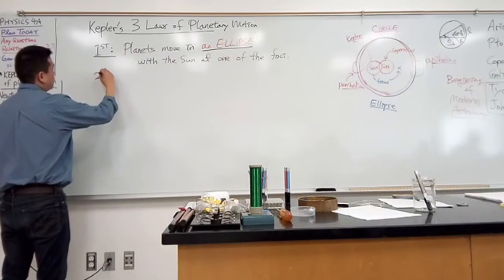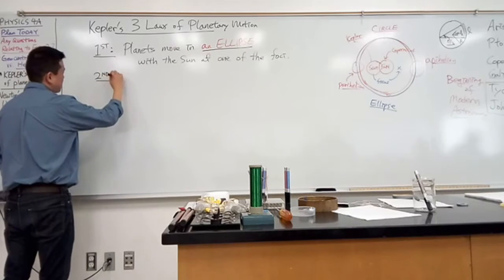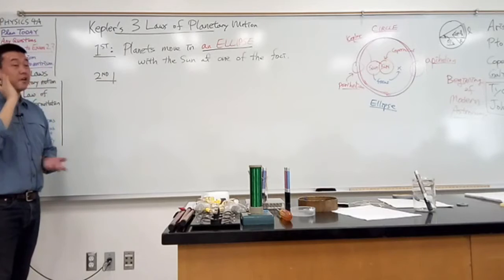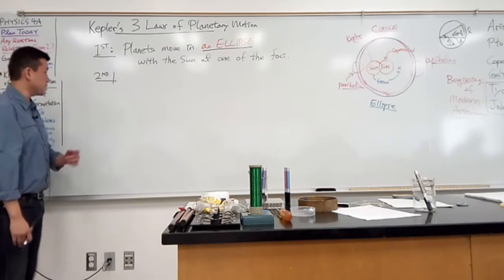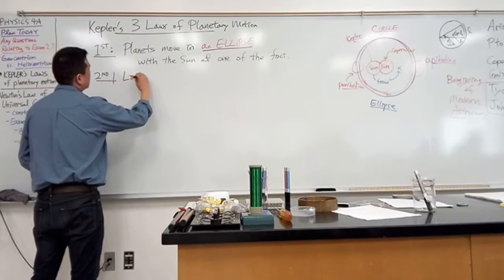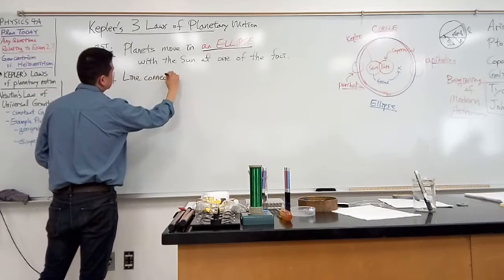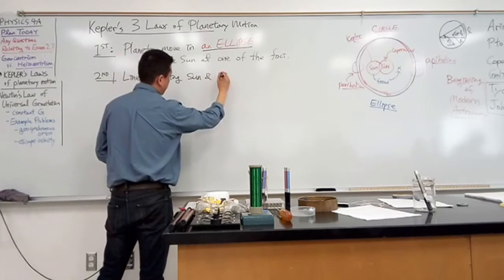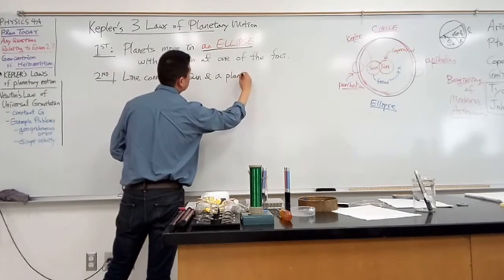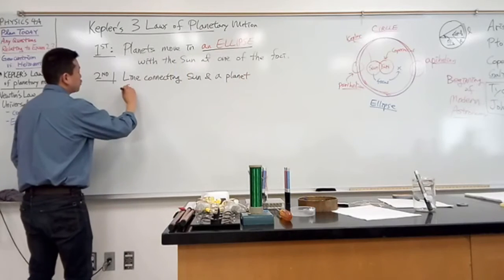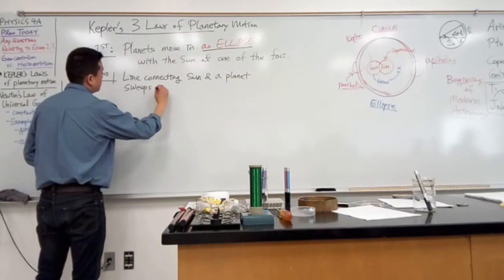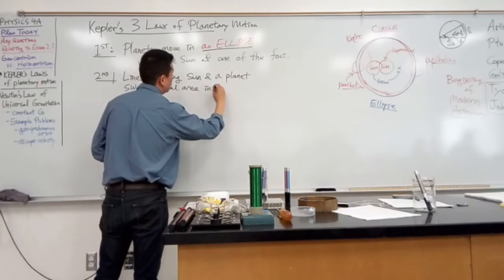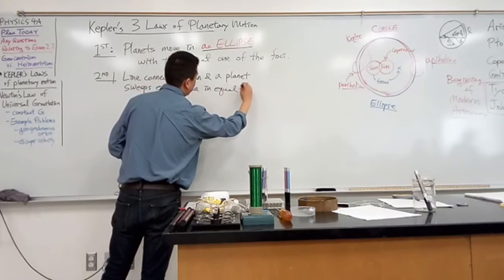The second law of planetary motion says this. I'll give you the traditional statement first, and then I will tell you a version that's a lot easier to understand. It says the line connecting the Sun and a planet, that can be Earth or Mars or anything, sweeps equal area in equal time.